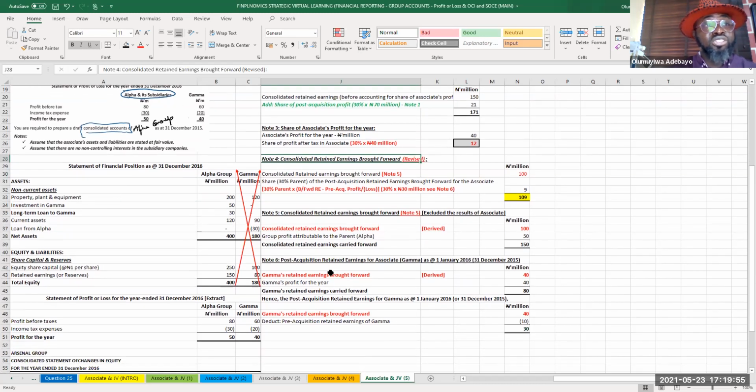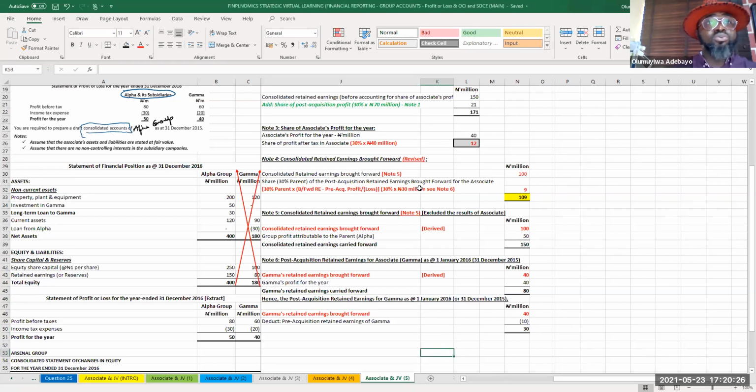And note 6 is where we are able to get a clue towards obtaining what will be relevant for us in note 4, which is Gamma's retained earnings brought forward, to be able to ascertain our share of post-acquisition retained earnings of Gamma as at the beginning of the year. Okay, that is that. Any other question?